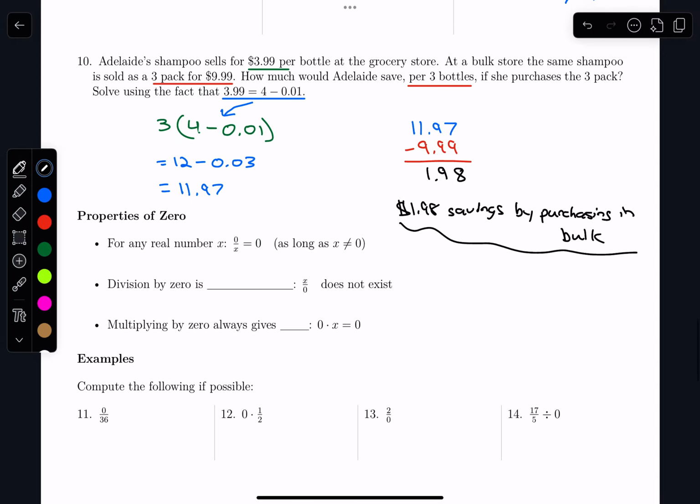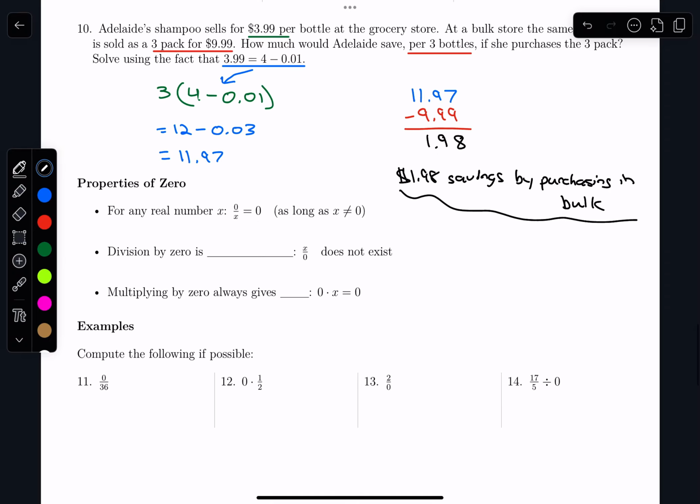All right, last thing we're going to talk about, properties of zero. This is arguably the easiest part of this because they're just facts. They're not something we have to go through and do deep equations for or anything. Just some facts here. And all we're really showing is that when you multiply by 0, you get 0. And when you divide by 0, we don't know what you get, okay?